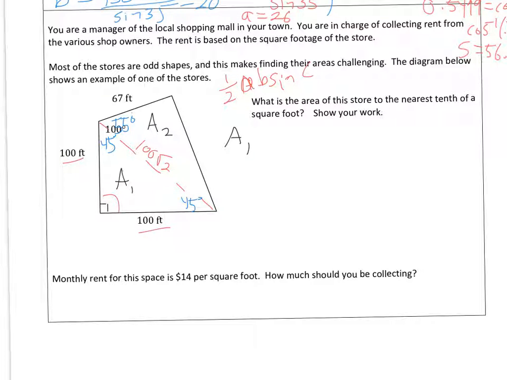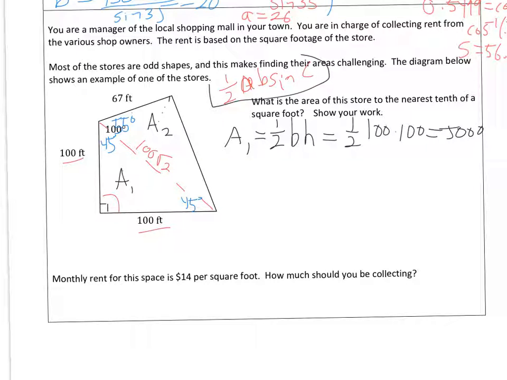So I'm going to call this area 1, this guy area 2. Area 1, which is a right triangle, we can use 1/2 base times height, which is 1/2 100 times 100, or 5,000. For the other guy, I'm going to use the area formula that we developed. And just as a reminder, we developed that by drawing altitudes down, but then we didn't really need that anymore.